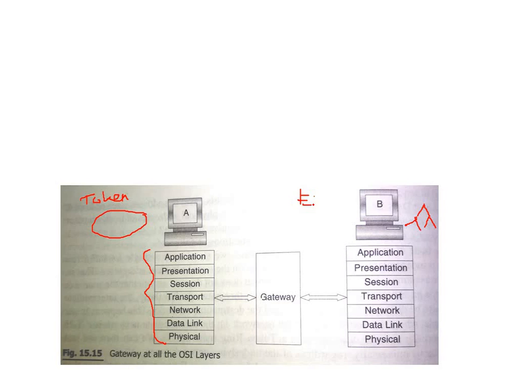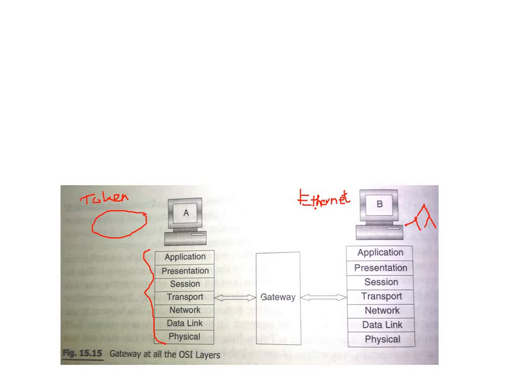Obviously both are different. IEEE we have already seen, this is Ethernet. We have already seen that both are totally different. So this may be working on 802.4 and 802.5, or this may be working on 802.3.